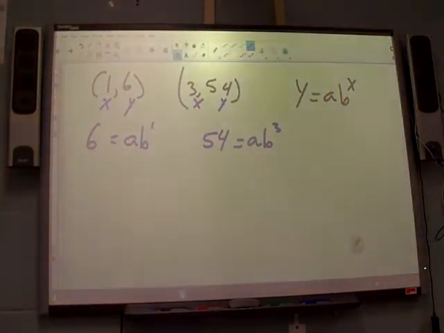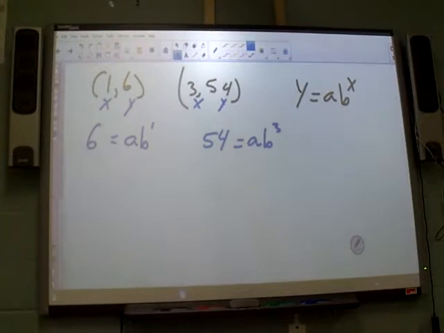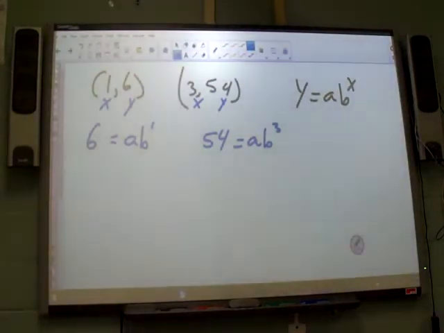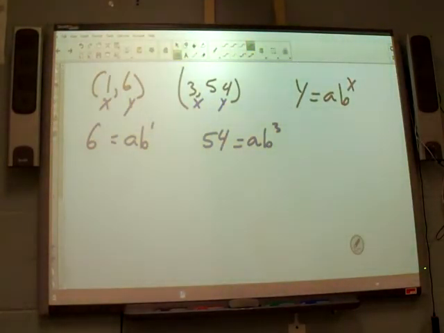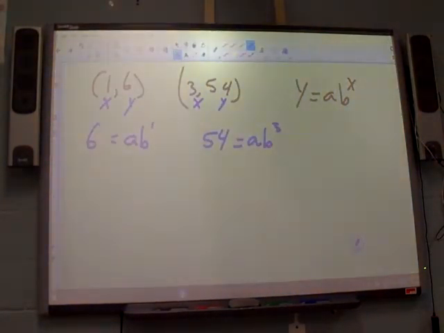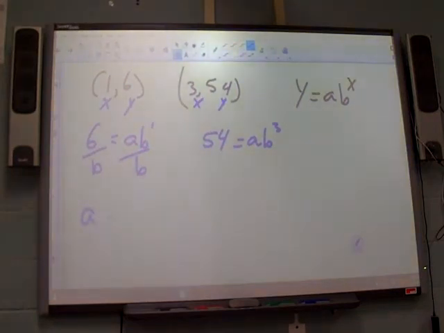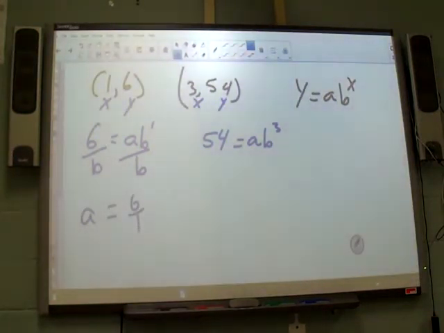I always pick the one with the smaller numbers. So let's take this one right here and get the a all by itself. To get the a all by itself, it's being multiplied by b. How do I undo that? I'm going to divide both sides by b. b is the same as b to the first. So we end up with an equation that says a equals 6 divided by b.